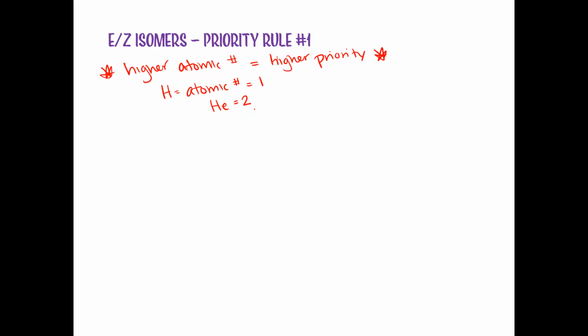So we can do an example here. We're just going to have our basic carbon double bond like we did before. Let's have an iodine, an amine, or amino, a methyl, and a hydrogen. So we're going to look at carbon 1 first. We have iodine and nitrogen, or amino. Iodine's atomic number is 53.